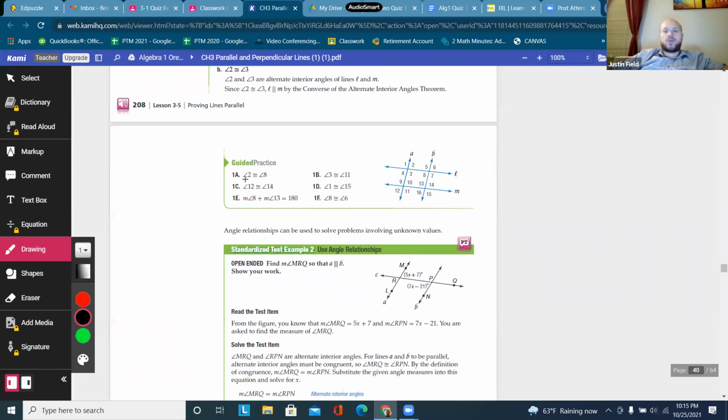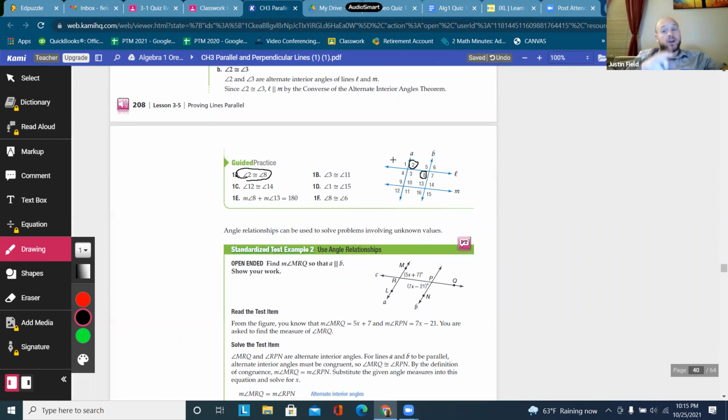Okay, so for example, if angle 2 is congruent to angle 8, we have to state the two lines that are parallel because angle 2 is congruent to angle 8. So let's look and see just where they are. There's angle 2, there's angle 8.